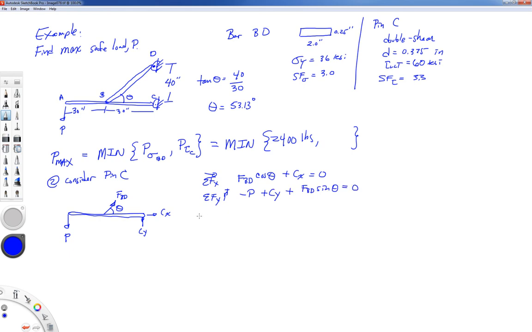And we can do the summation of moments if we want, maybe about point C again. And then we'll have P times 60 minus FBD sine theta times 30 equal to 0.